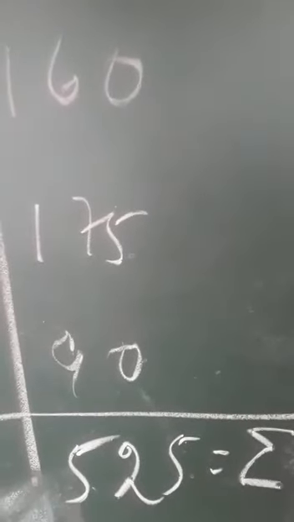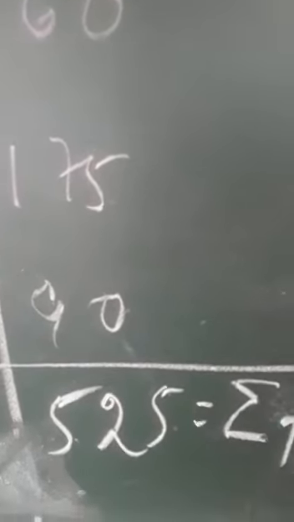The product of 15 and 2 is 30. The product of 20 and 8 is 160. The product of 25 and 7 is 175, and the product of 30 and 3 is 90. Thus we have obtained the sum of all fi xi, which is 525.